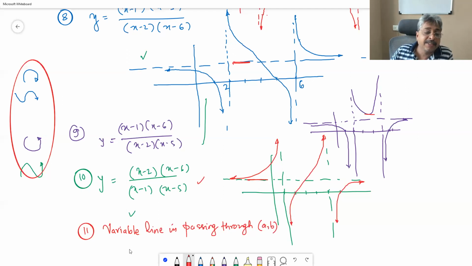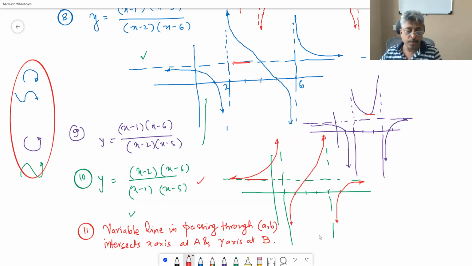Then it intersects the x-axis at A and the y-axis at B. The question is, find the minimum area of triangle AOB, where O is the origin.